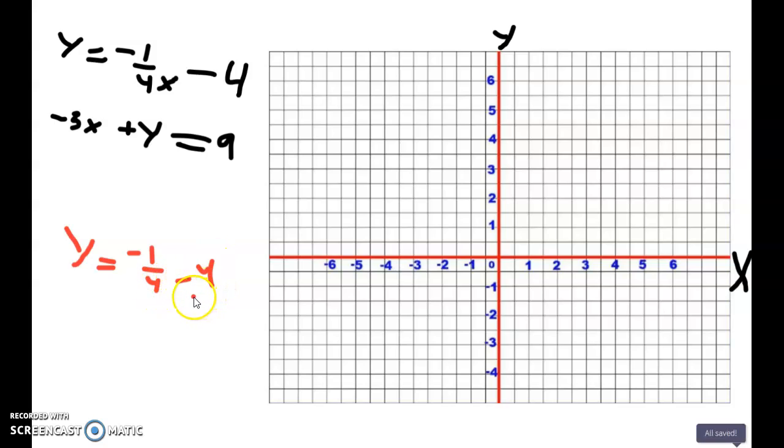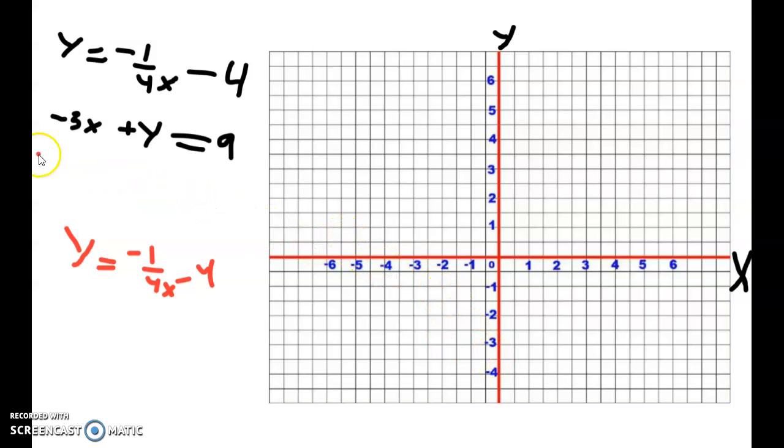Since the y-intercept is the number without a variable in the equation, we can see that it is negative 4. I forgot to put the x here. So it'd have to be negative 4 because negative 1/4 x has the variable x. So basically, if we took away the negative 1/4 x, you get y equals negative 4. So the y-intercept must equal negative 4.